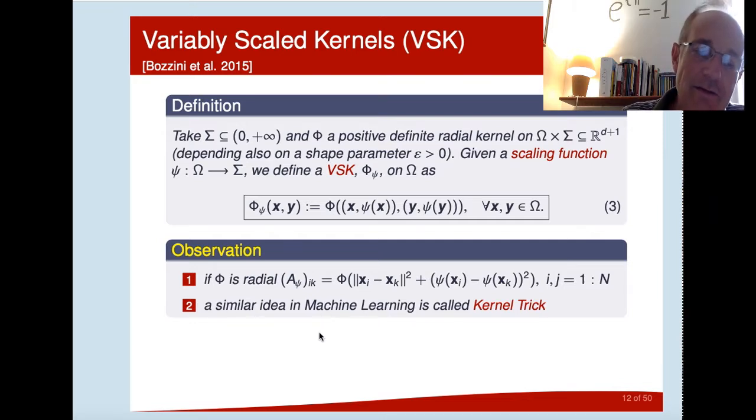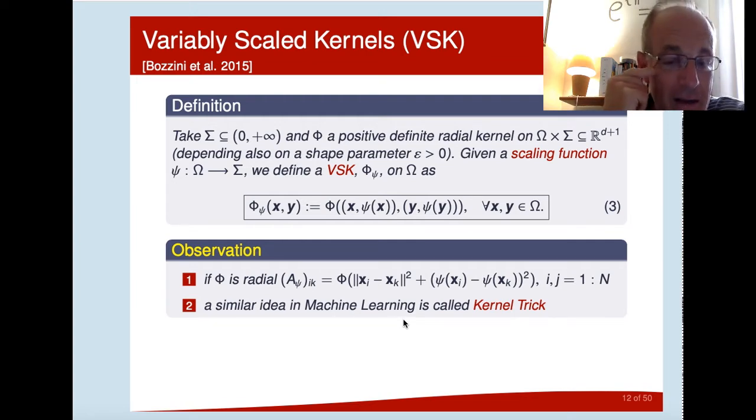Well, this idea of the scaling function, and of moving to higher dimension, in some sense is already explored in a machine learning setting, and it is called the kernel trick.